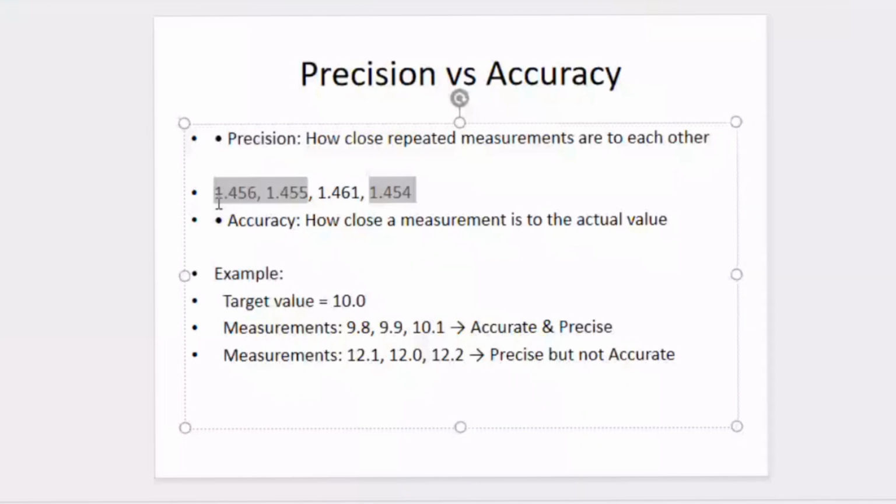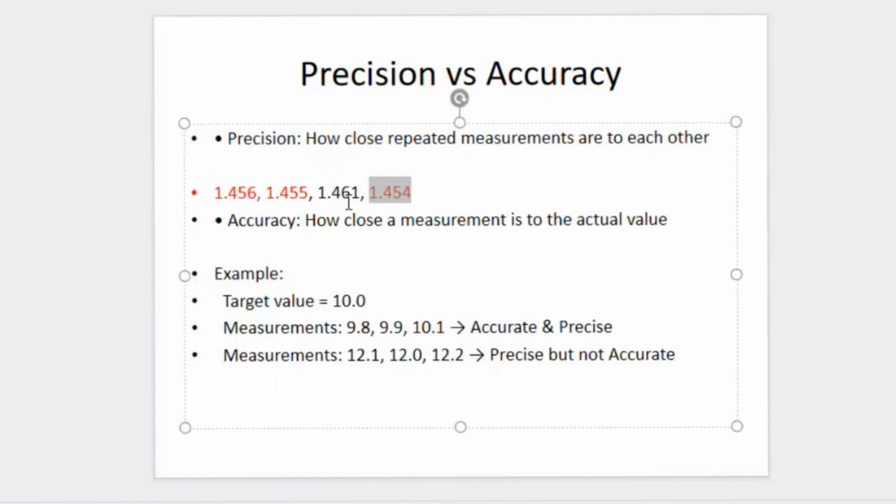If they were to ask you which of these numbers are the precise numbers, it is the ones closest to themselves, 5, 6, 5, 5, 5, 4. They are close to one another, so they have high precision. They don't need to be the correct answer, so long as they are close to themselves. Say you carried out a titration experiment and your first value was this, the second was this, the third was this, then your fourth was this.